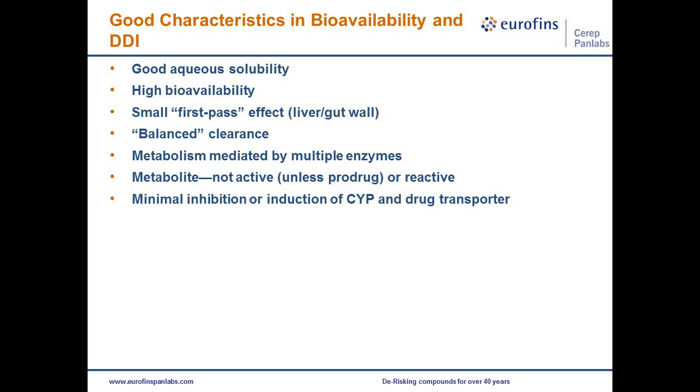On the other hand, if a compound does not have the majority of these good features, it is more likely to have some problems down the road. The ADME screening assays are to identify these characteristics in the compound. Because of time limits in this webinar, I will only focus on in vitro permeability and metabolism studies.